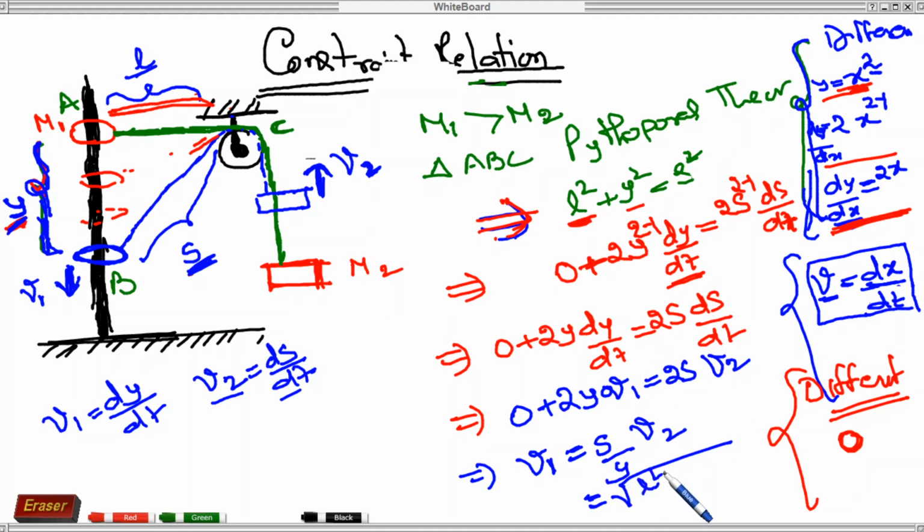So v1 is equal to the square root of l square plus y square over y, into v2.